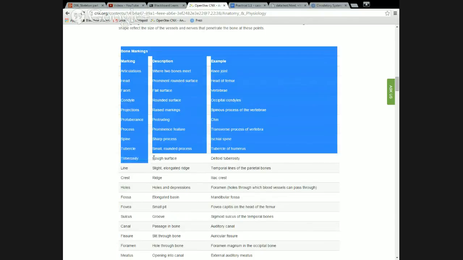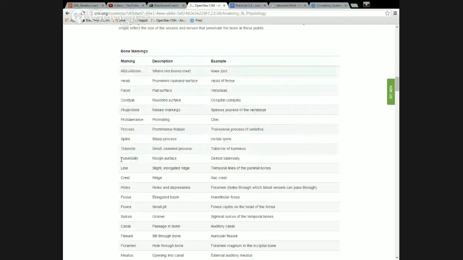One I want to point out, because it's on the bone I'm talking about here, is the word tuberosity. In the book here, they define it as a rough surface. Other sources will define it as a small to medium bump. But it's this thing right here. And rough surface is a really good description of what we see here in the humerus.